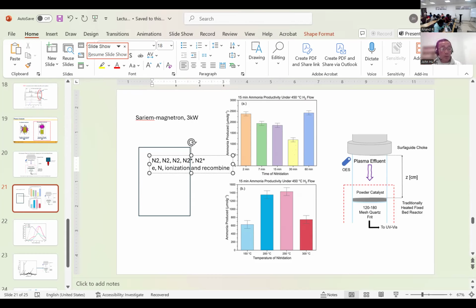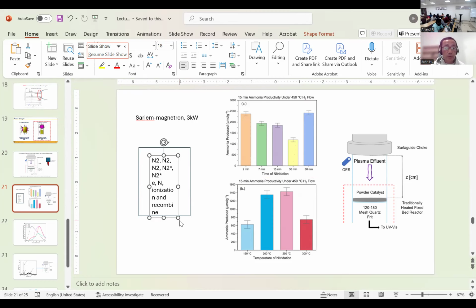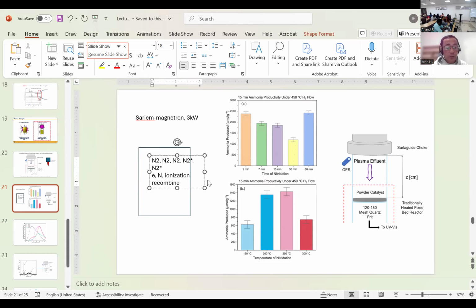Now under ambient pressure, you have millions of molecules. Of course, they're going to collide and recombine. So basically it's ionization rate versus recombination rate.